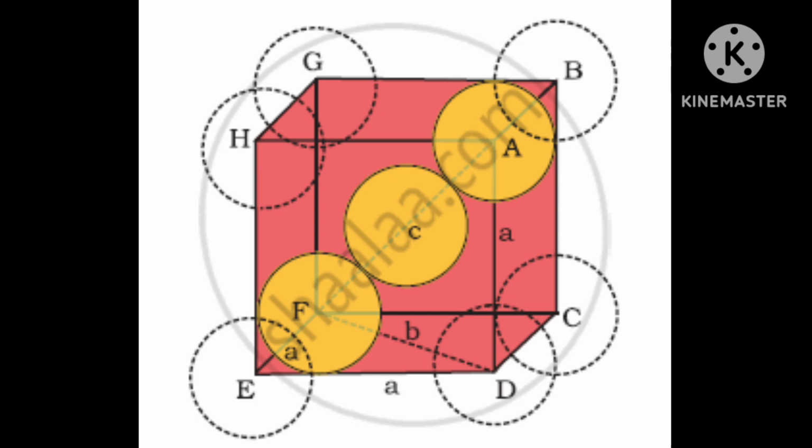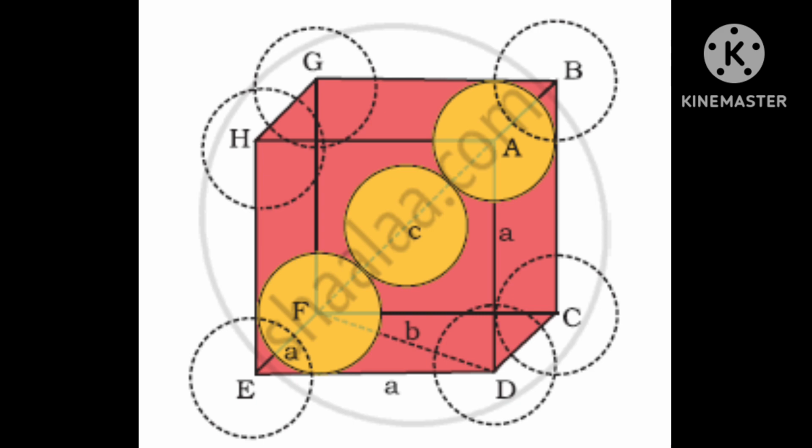Correct? Then this is actually the total volume of the unit cell. Because the volume of the cube is a cube, and you know the a value, it is 4 divided by root 3 into r, power 3. That value you keep here.